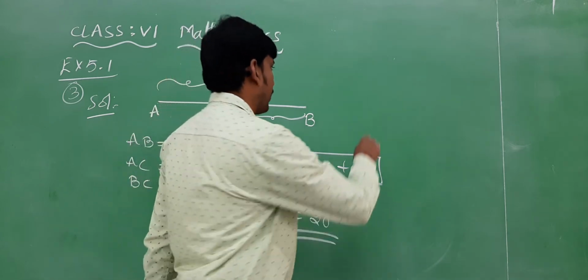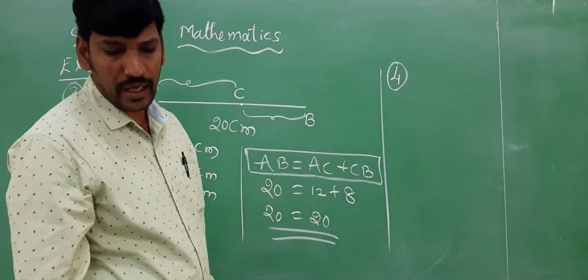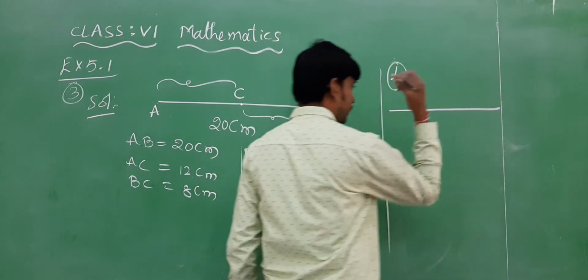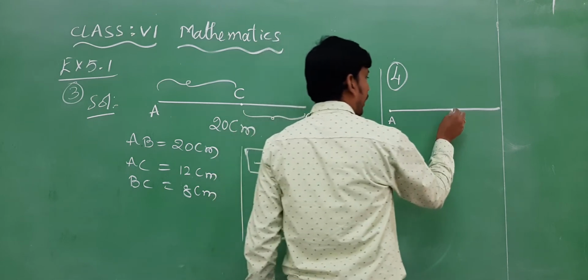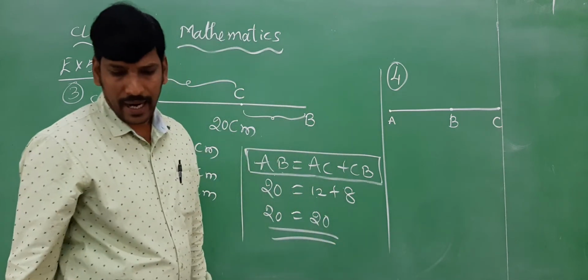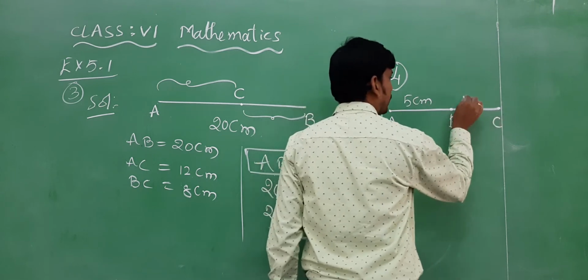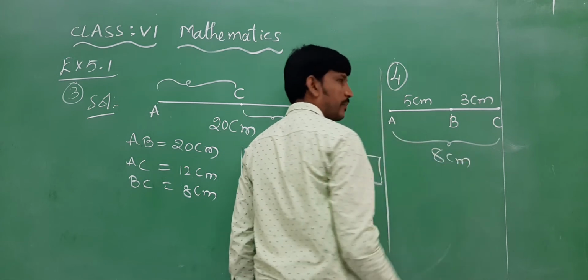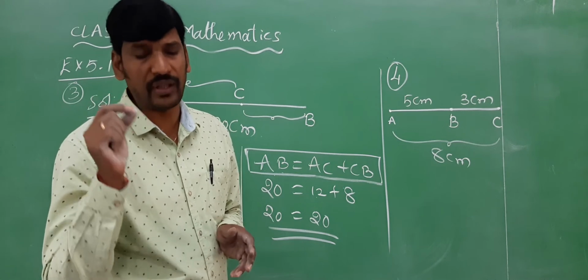Here they have given A, B and C as 3 points lying on a line, and they have given the measurements: AB is 5 centimeters, BC is 3 centimeters, and AC, the total, is 8 centimeters.